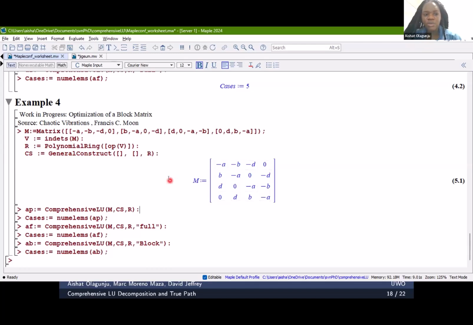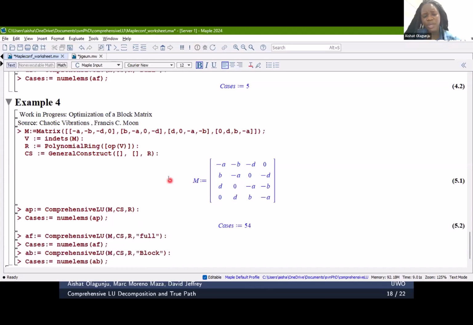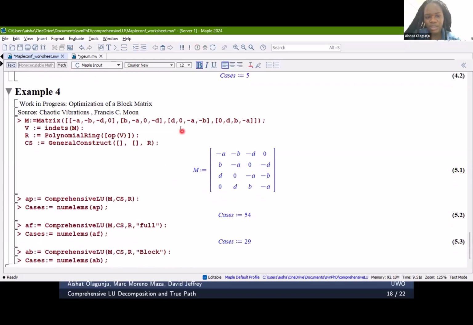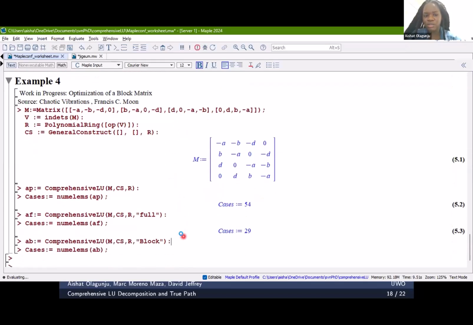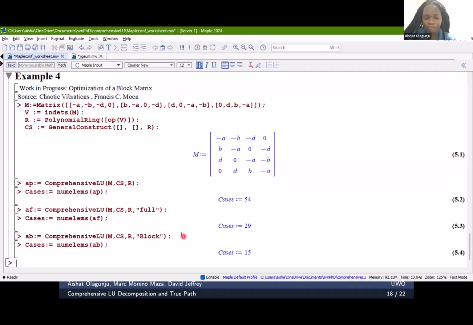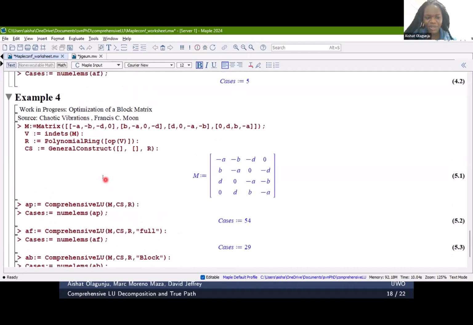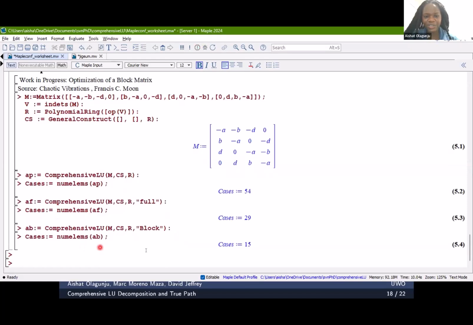If we compute the comprehensive LU of that with partial pivoting, we end up with 54 cases. With full pivoting, we end up with 29. But with the block option, we have 15. Again, it's a work in progress. We're seeing if we can actually reduce this down to a more suitable option.